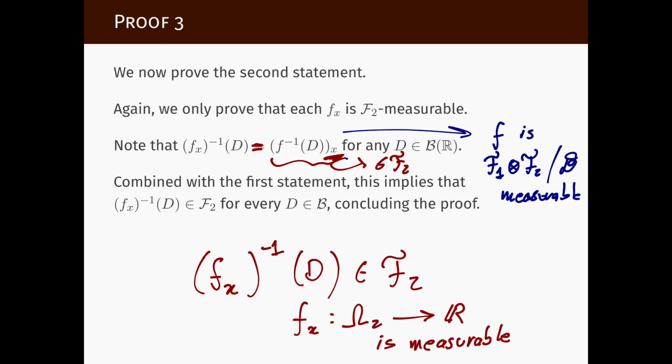This is the definition of being measurable: the pre-images of Borel sets are measurable. So this concludes this long third part of this first video lecture with the proof of this lemma.